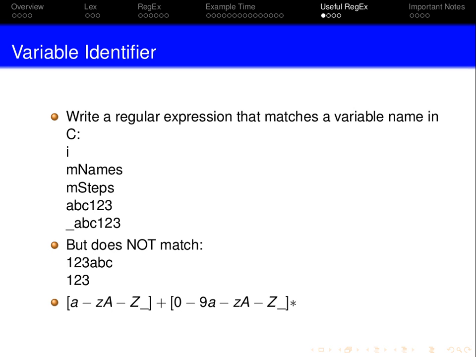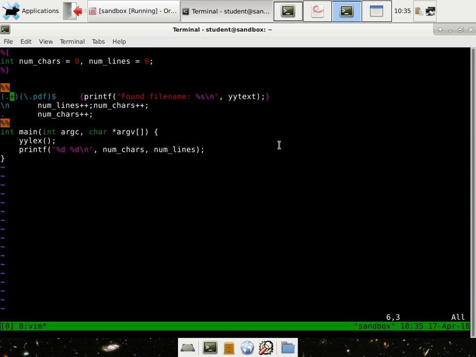All right. How are we doing? Okay. Let's go ahead and type that one in real quick. So what I have is A through Z, underscore, and then A through big Z, underscore, 0 through 9, star.